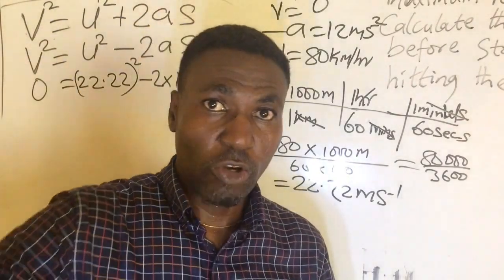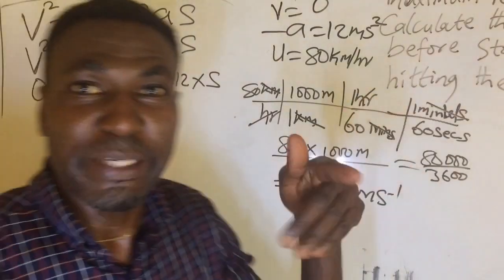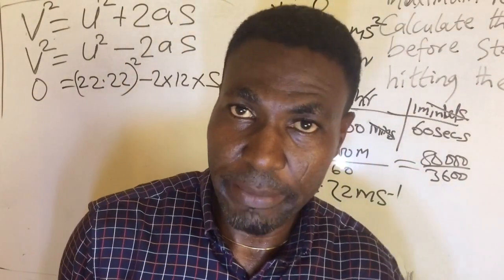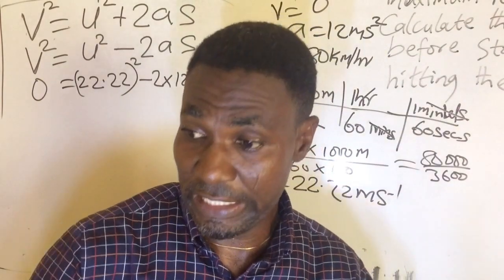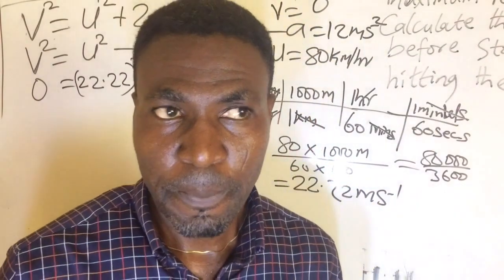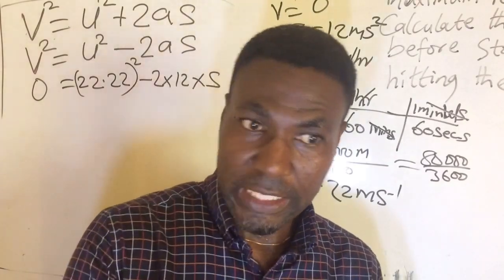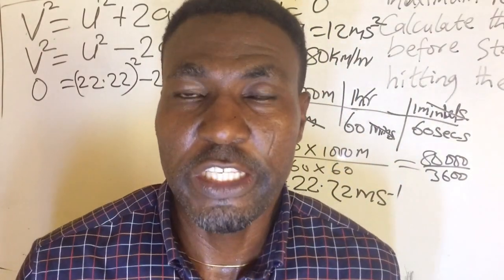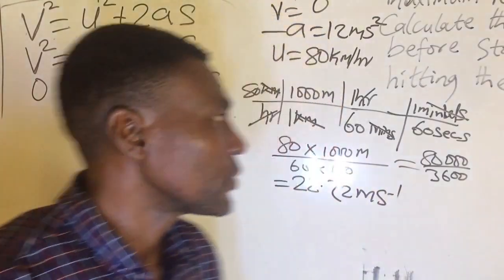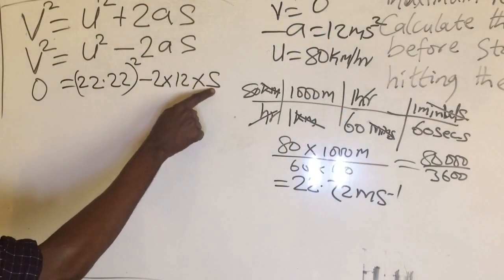We now check the distance at which it stops. If the distance is up to 30 meters where the goat is, that means he hit the goat. If the distance is more than 30 meters, that means he hit the goat and killed it. But if the distance is below 30 where the goat is staying, that means the man did not hit the goat. So this is our distance.